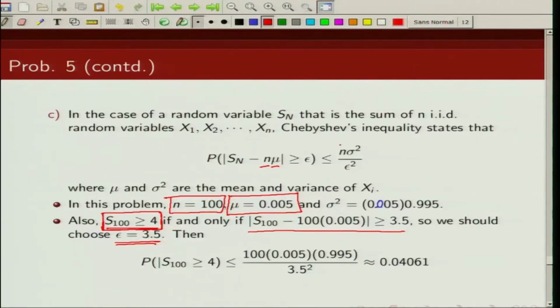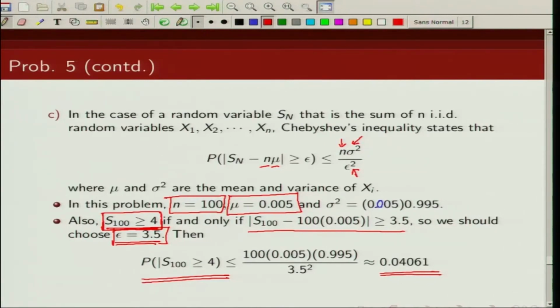So if we plug in the values of n, sigma square and epsilon, which is 3.5, we get the condition that the sum contains 4 or more ones. That probability comes out to be upper bounded by 0.04061.